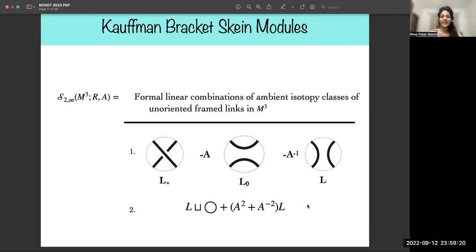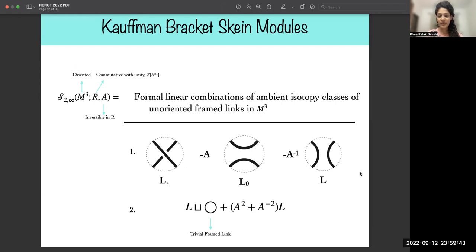So what we do is that we consider formal linear combinations of ambient isotopy classes of unoriented framed links in M. So essentially, we have a free R-module, where R is a commutative ring with unity, and A is an invertible element in R. And what we do is that we mod out by the submodule which is generated by these two relations.